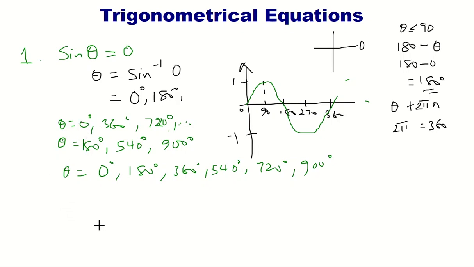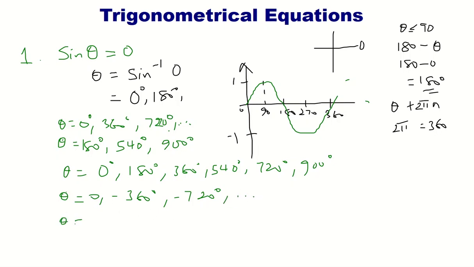From, for example, theta 0, we can subtract. When we subtract 360, we get negative 360, and so on and so forth. You just continue subtracting and continue like that.